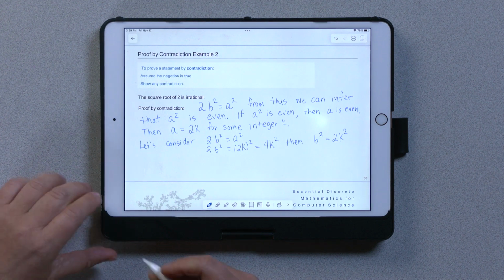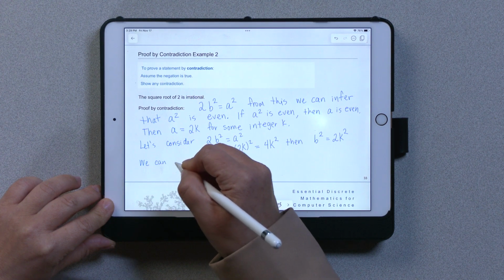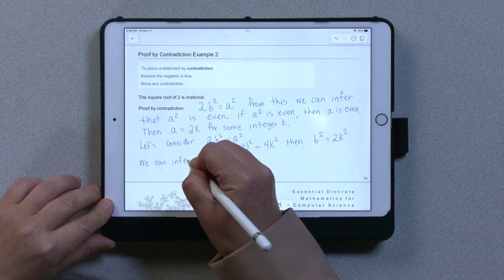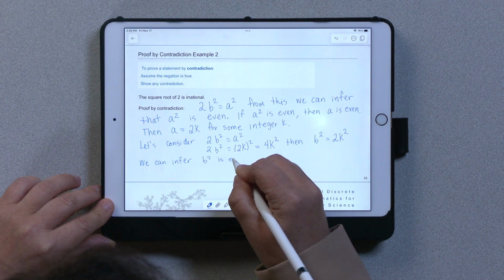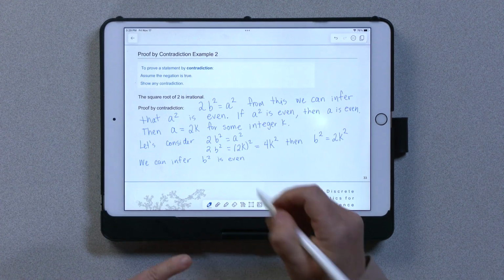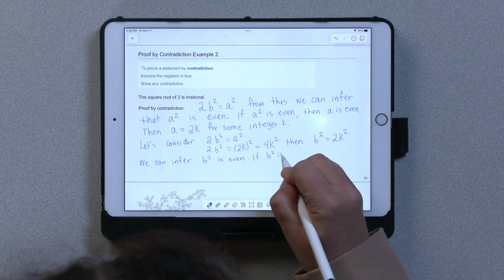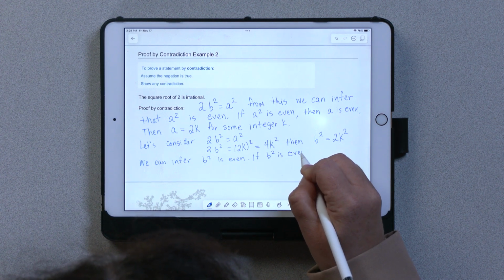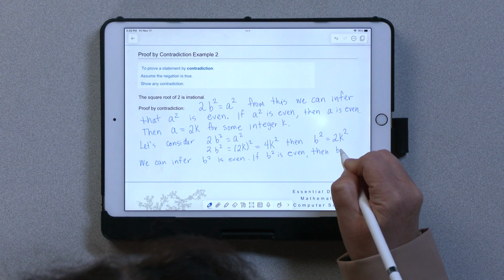So now we can infer that b squared is even. And then if b squared is even, then b is even.